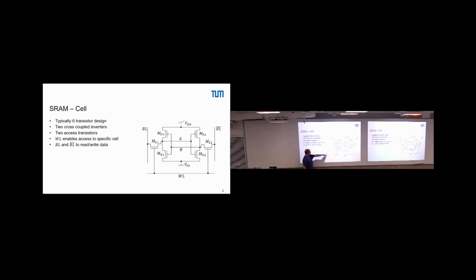It is closed, so the inner node VB is fully at VDD. That is true until we reach some VTH, some threshold voltage. Then the PMOS transistor starts forming a channel. The NMOS transistor starts conducting, so we go towards ground.